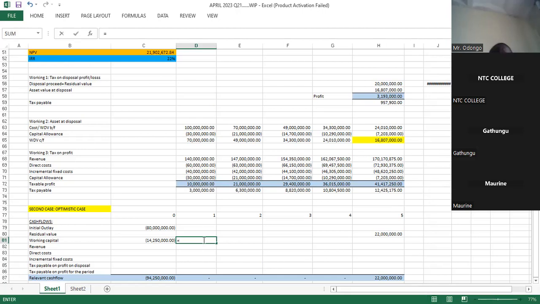So in year number 1, how much shall we consider? We had agreed under the expected case that the only considerations from year 1 to year 4 are the increments by inflation. So I'll pick the initial outlay for year 0 and increase it. I will multiply by the inflation rate under the optimistic case.